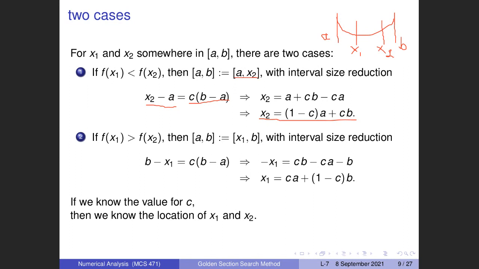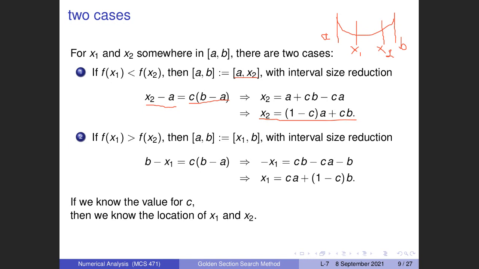We do a similar deduction. I don't do the picture, but you can picture another case where the function value at the right is less than at the left. Then by the same reasoning, the constant reduction factor gives a definition of the location of the left point.